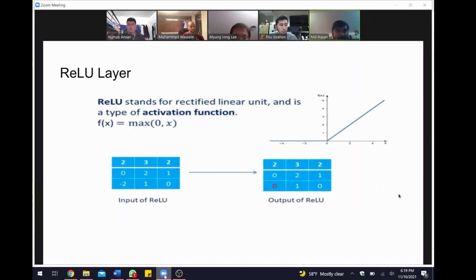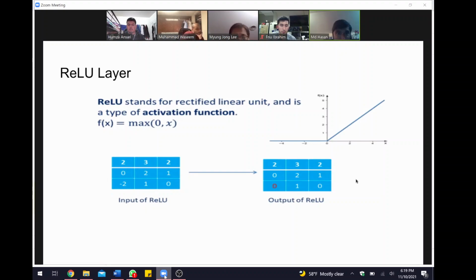In the next slide, we'll do the ReLU layer. ReLU stands for rectified linear unit, and it is a type of activation function. The function is f(x) = max(0, x). Here, the output of the previous layer becomes the input of the ReLU layer.